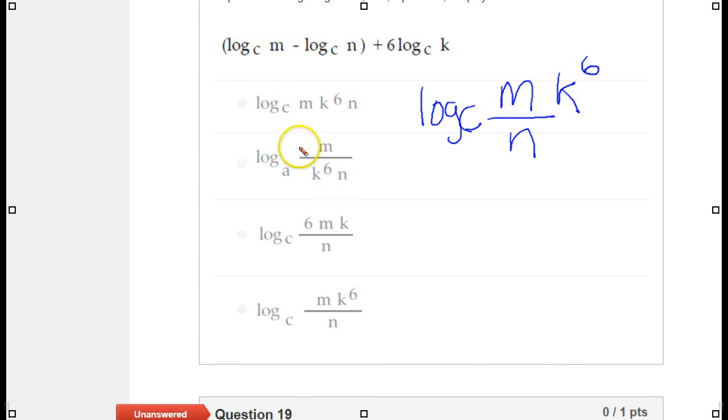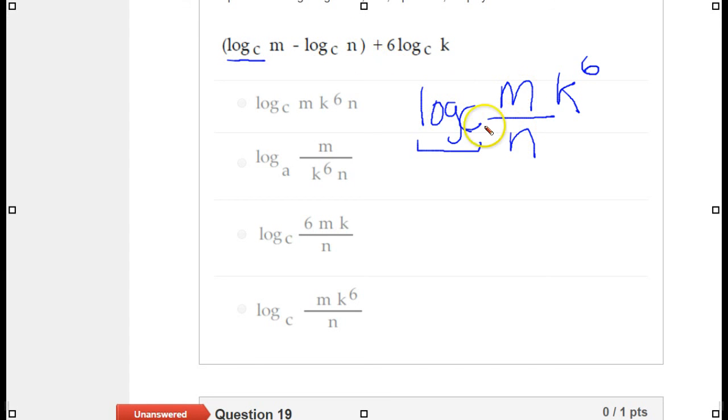Now, since I'm doing this for the first time here, I kind of worked it out a little bit. But as I look at it, we need log C, which is our log C right there. Now, M minus N indicates division.